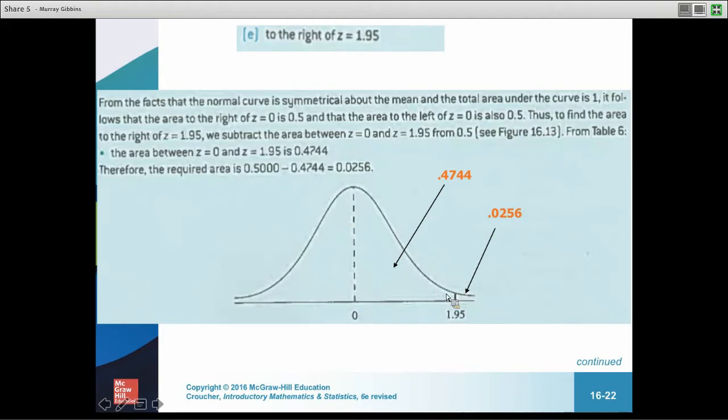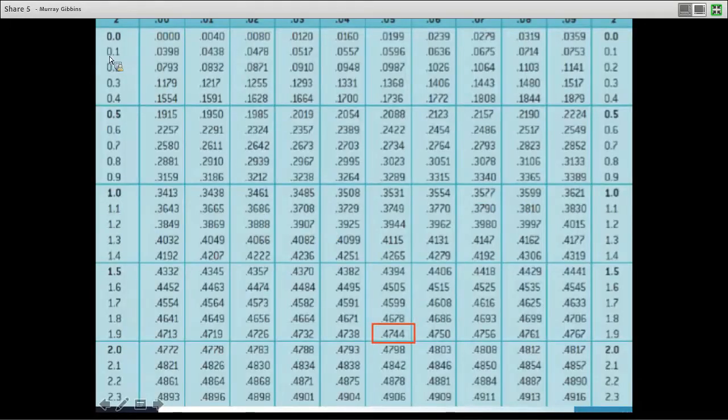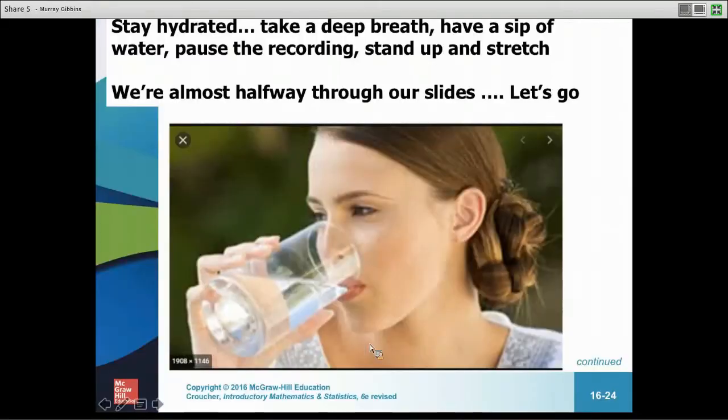Again, just checking, a z-score of 1.95 should give me that area. Let's go and have a look. Here we go, down the z-score, 1.9. We go across, and there's the 0.4744, the area under the curve based on a z-score of 1.95.